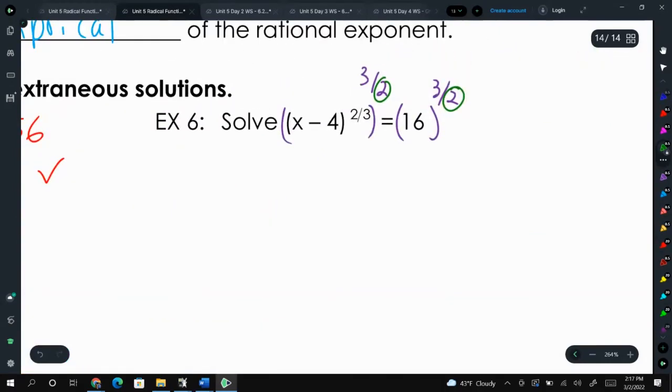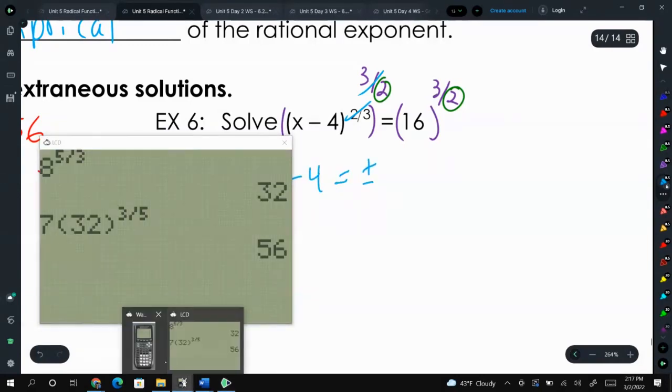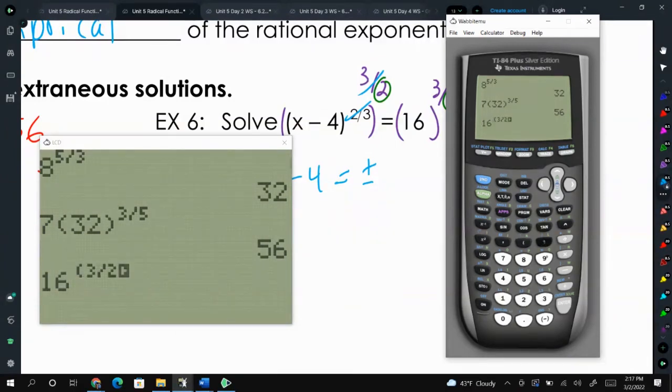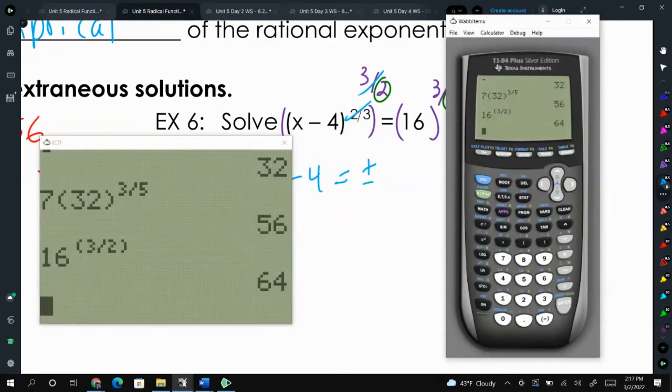But because we are raising something to a power that has an even root, we need to worry about plus or minus. So these cancel, so we're left with x minus 4 equals plus or minus 16 to the 3/2 power, which is 64.